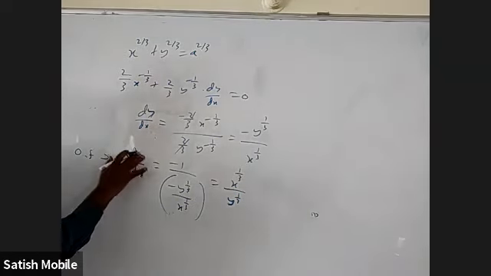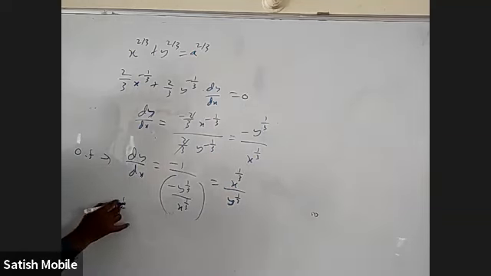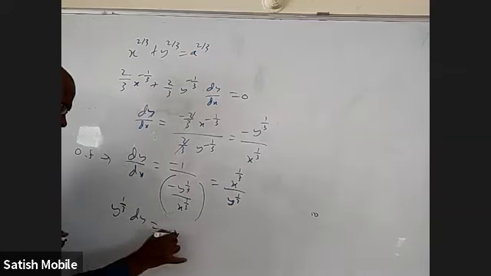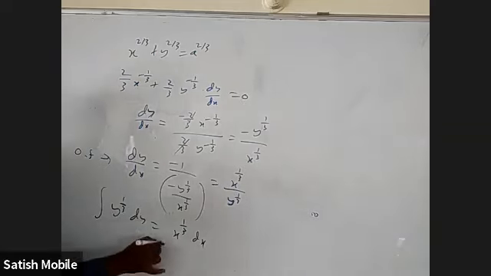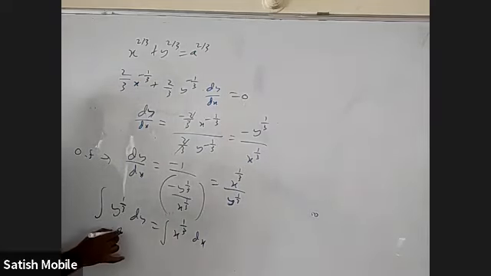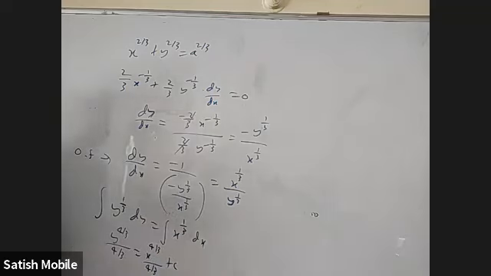Now how to solve? Variable separable. y power 1 by 3 into dy is equal to x power 1 by 3 into dx. I can integrate right away. This integral is y power 4 by 3 by 4 by 3, which is equal to x power 4 by 3 by 4 by 3 plus c. 4 by 3 can go into some constant.